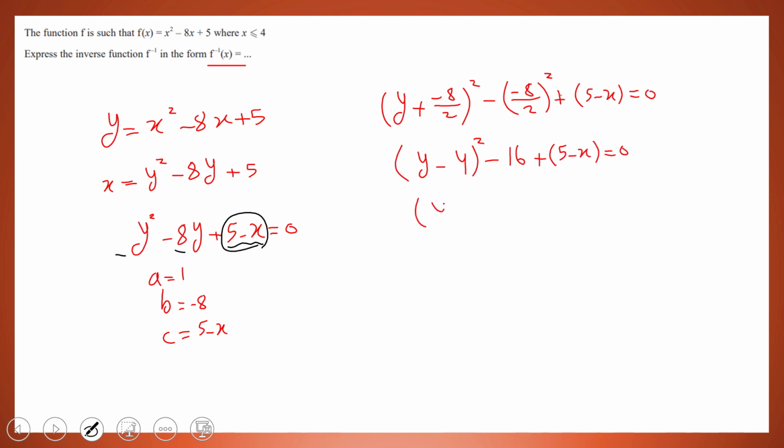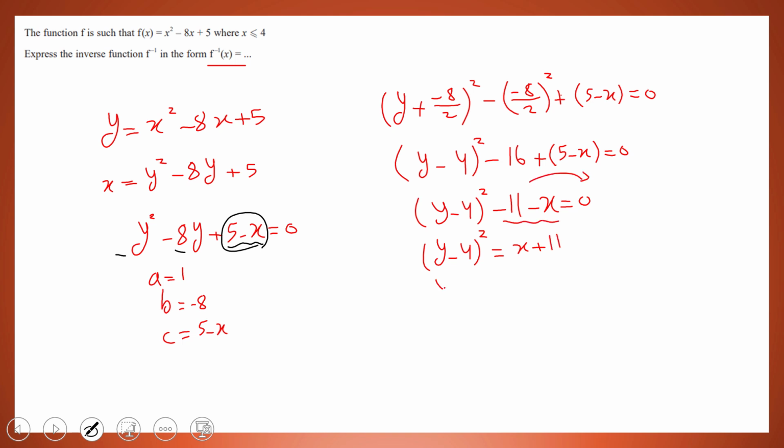Here we have minus 16 plus 5 is minus 11 minus x is equal to 0. So y minus 4 all squared equals, to the other side, x plus 11, because I shifted these two together to the other side.